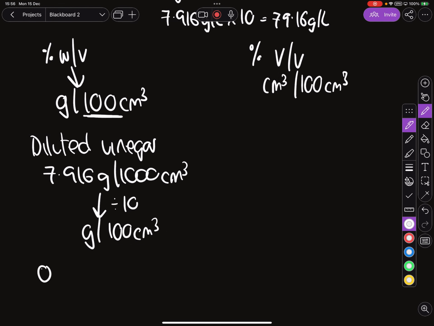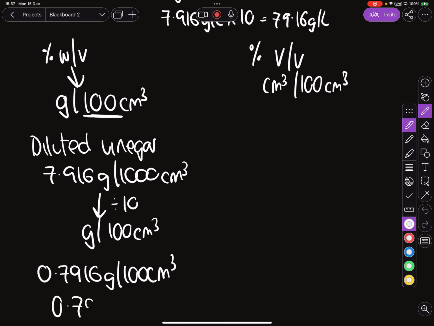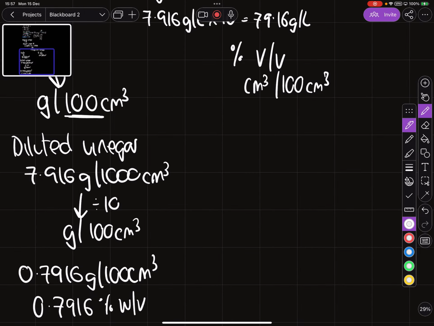Okay, so it would mean that I have 0.7916 grams per 100 centimetres cubed. All right, no, I didn't write that correctly. But this is how you write your final answer, 7.916% weight per volume.